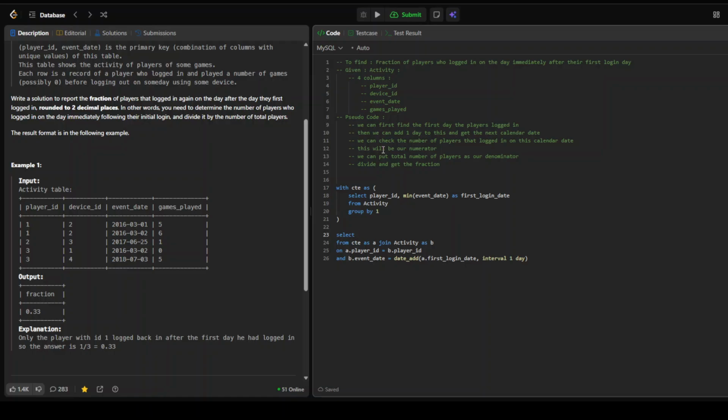If I do this, what I will get is this, and then what I can do is select count of distinct B dot player ID divided by count of distinct A dot player ID as fraction.